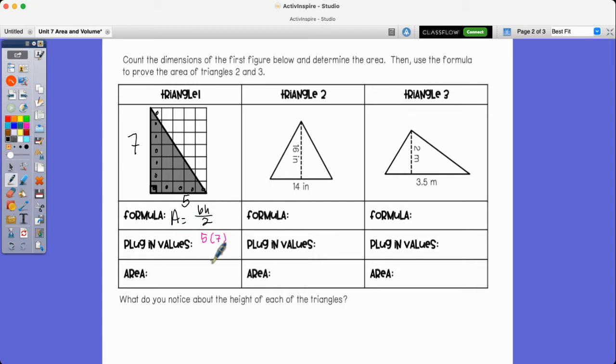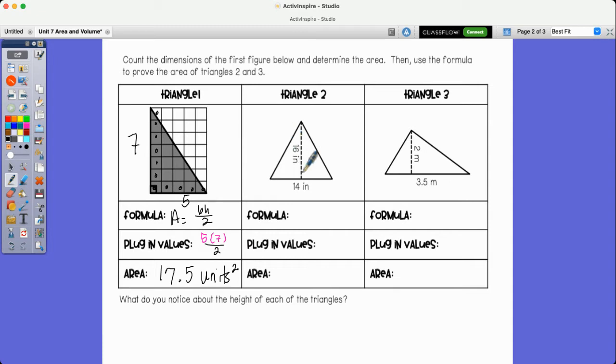I'm going to divide that by 2. That is 35 divided by 2. Well, I know 36 divided by 2 is 18, and 34 divided by 2 is 17, so my area is 17.5 or 17 5/10. And we would write units squared because we need to label this, but we don't know what the units are, so we just call it units squared.